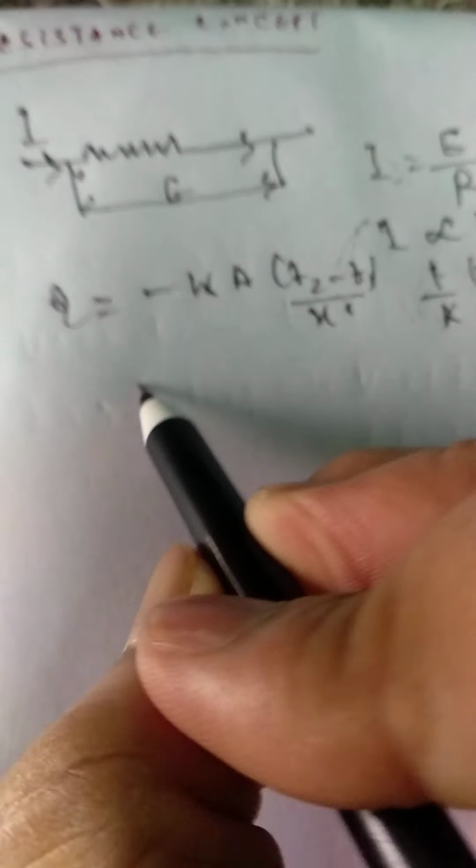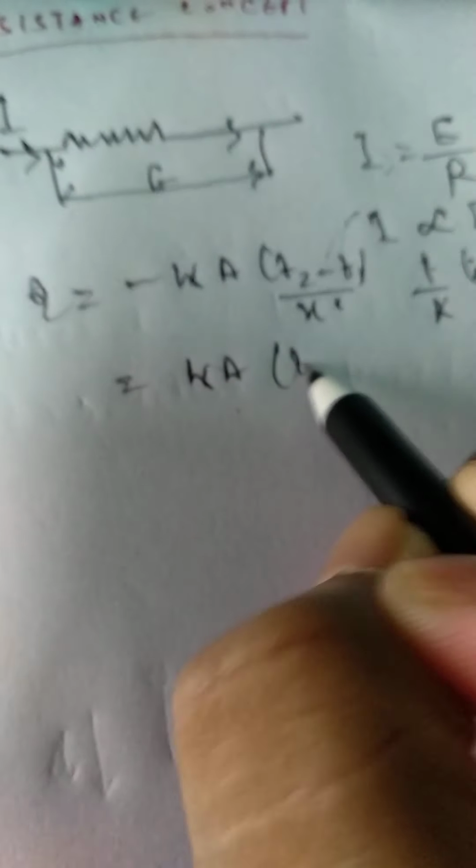Now this heat conduction rate through the wall, which we write as, as you know, this is the negative quantity, so you can write this as, okay.